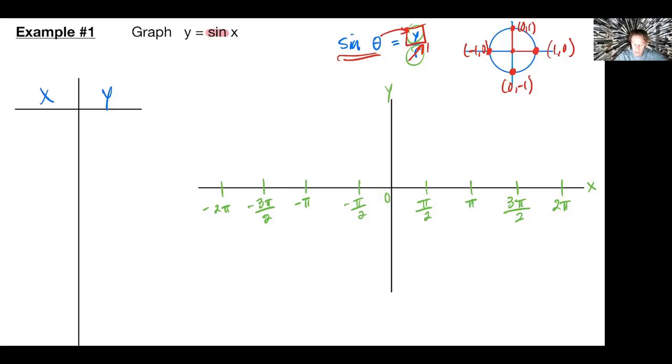Since we're starting at 0, we're going to put our tick mark up at 1, and then -1, because we said that the 1 and the -1 were the maximums and minimums that sine would reach. So when we go to graph this, we start with 0 radians or degrees, where our y value is 0. So our first value would be right there for sine at 0, 0.